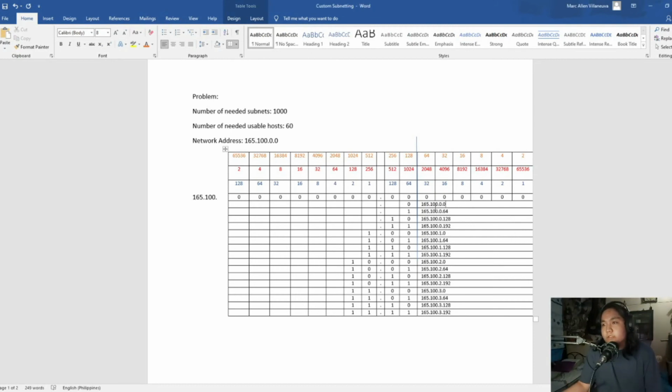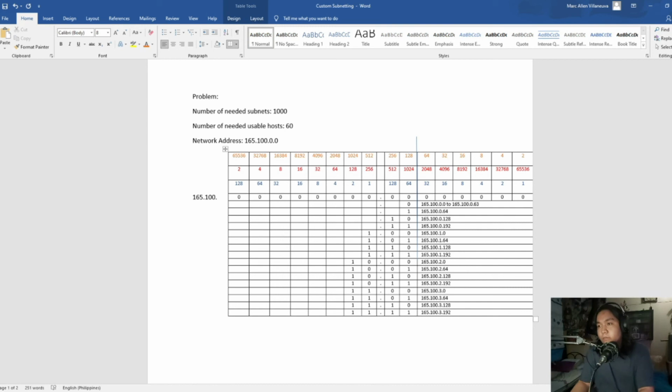So we are back. As you can see, I've finished writing everything. Now the next thing we need to do is to write the IP address before the next IP address. Since it is 64, we need to write 165.100.0.63.